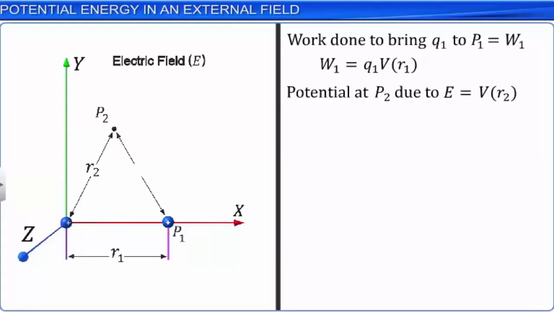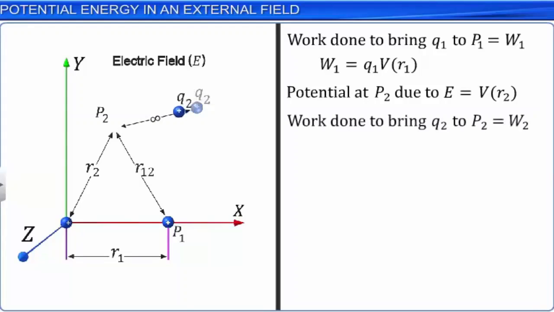Let us bring another charge, Q2, from infinity to the point P2 in the electric field, and let the work done in this process be W2. Hence, work done to move the charge Q2 from infinity to the point P2 is Q2 into V of R2.